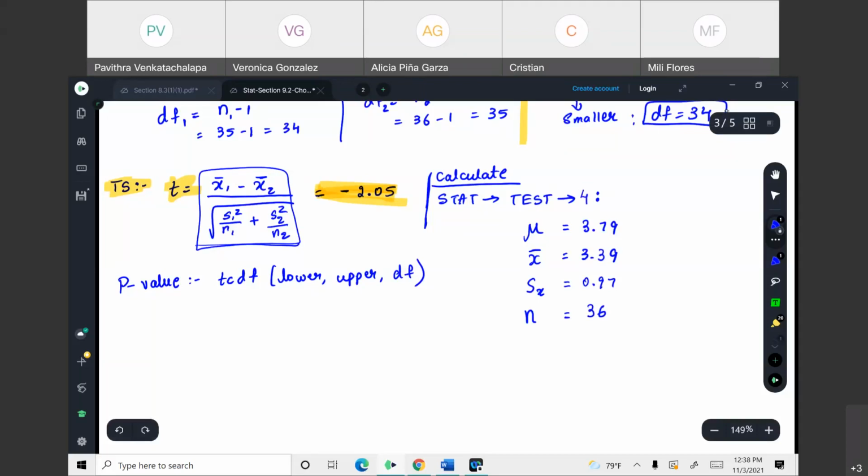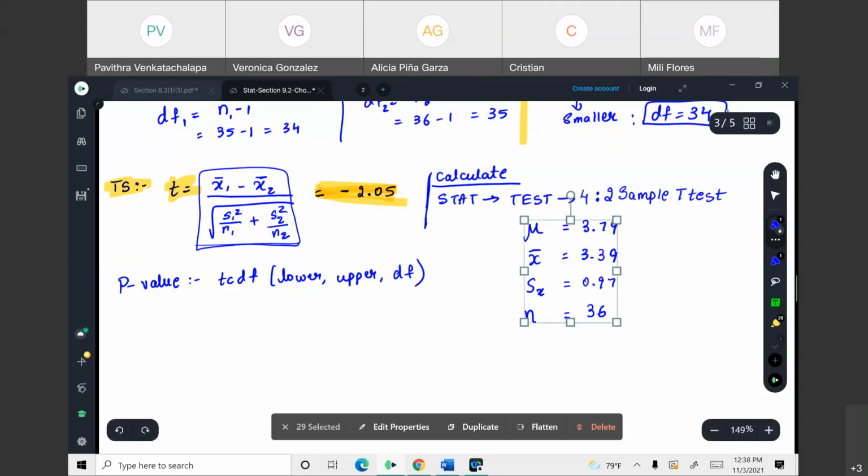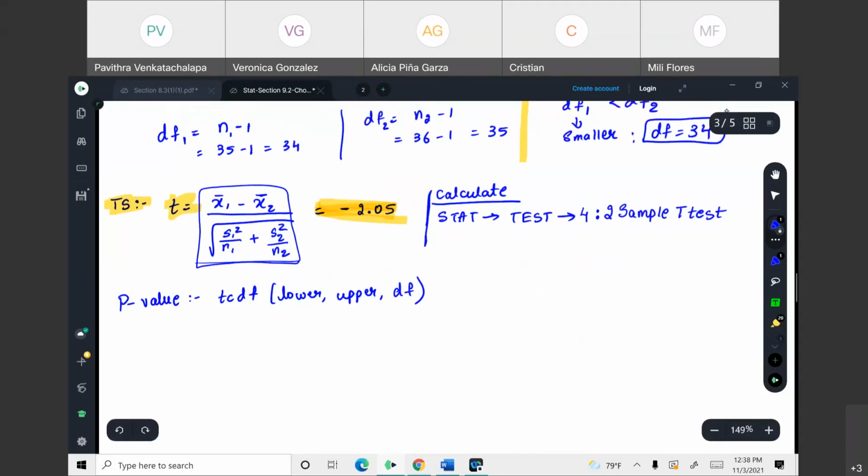And the name is 2-sample t-test. 2-sample t-test. You got it?